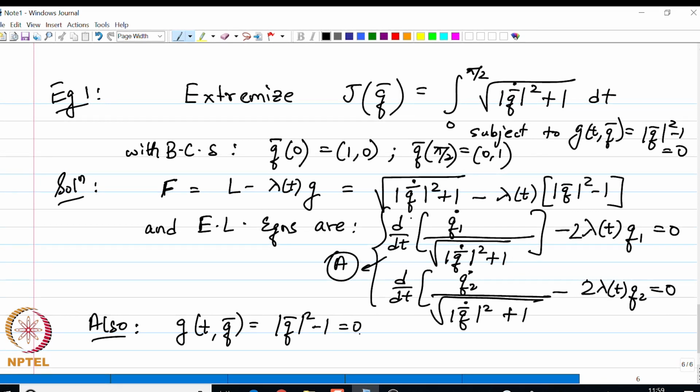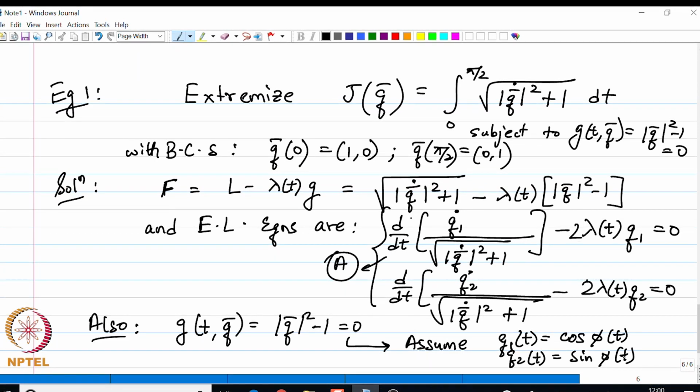So, my extremal q is such that the square of its absolute value gives me 1. From here I can assume that q1 and q2 lie on a unit circle. The moment we assume that, we directly satisfy the constraint, so we need not worry about the constraint now.